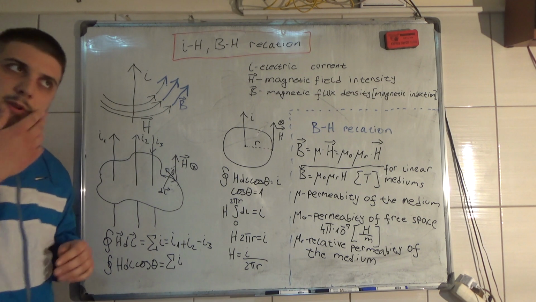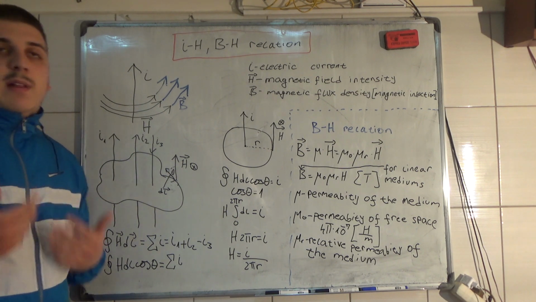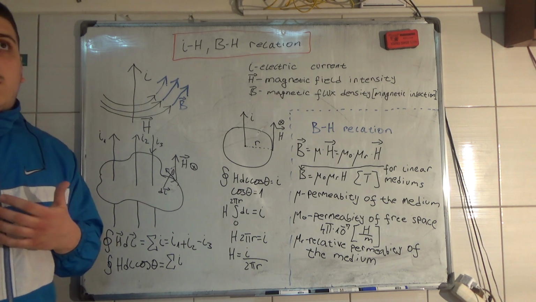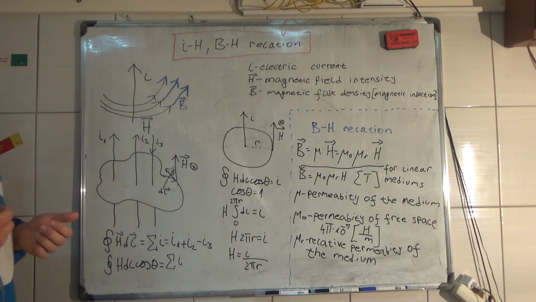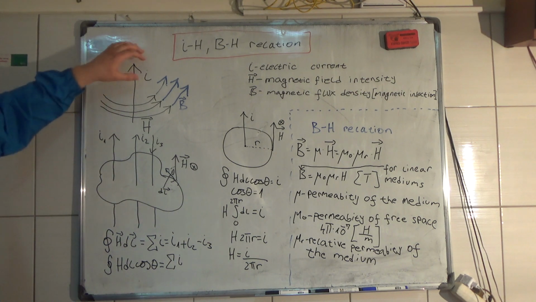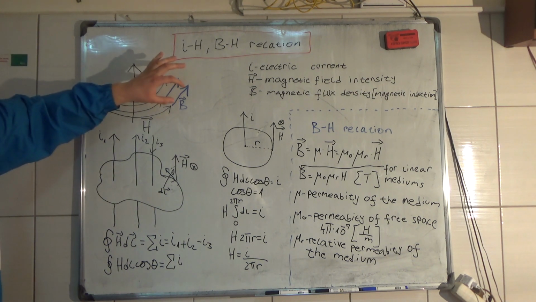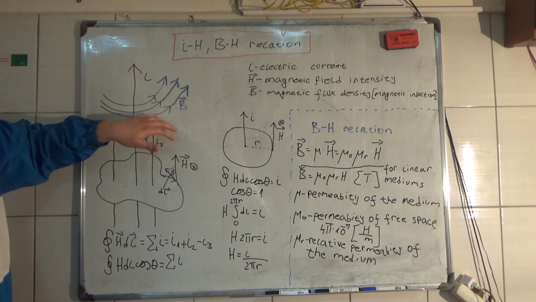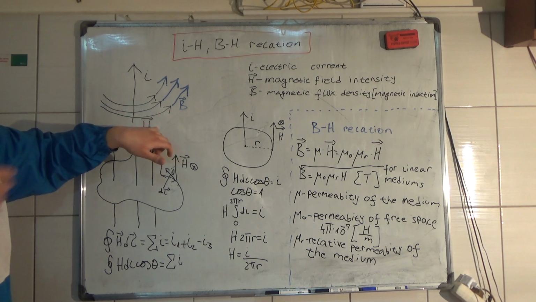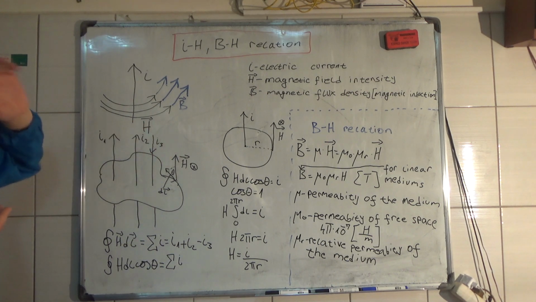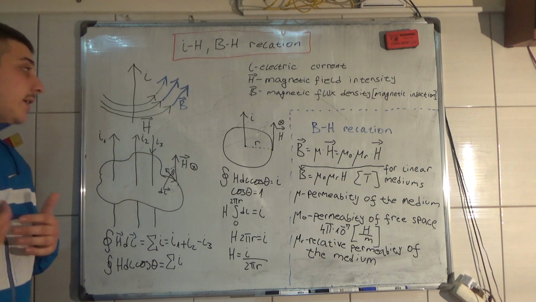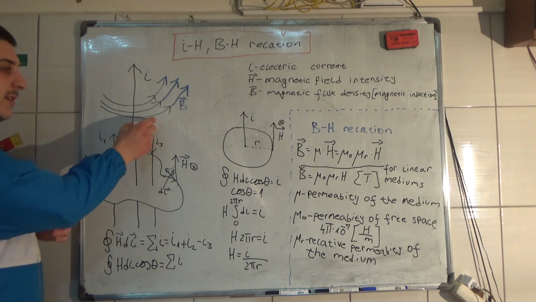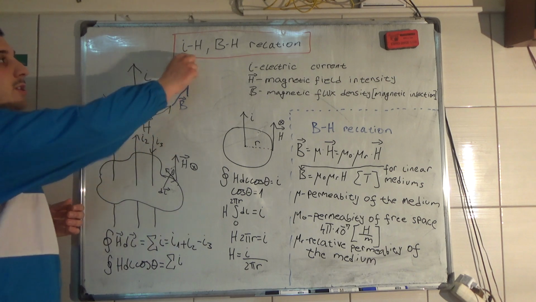And if you remember in physics or fundamentals of electrical engineering, first you learned the Biot-Savart law. We first studied that I produces B, and then later on we studied that when we have B, then we will have H, capital H. But here in electric machinery, it is more flexible if you first study this IH relation.